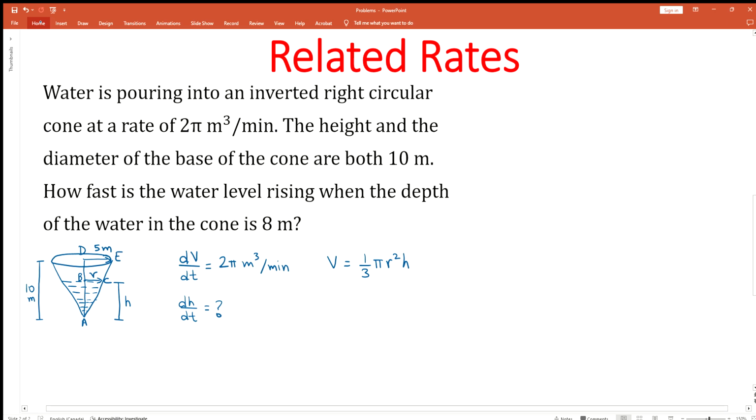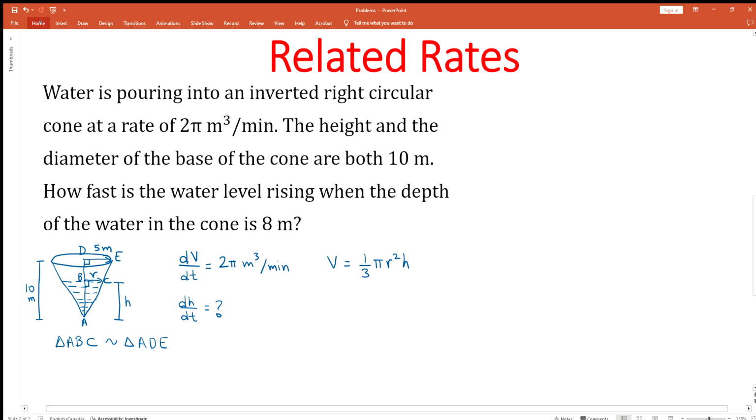These two triangles are similar triangles because angle A is common to these two triangles and angle D is congruent to angle B because both are right angles, because this is a right circular cone. As a result, triangle ABC is similar to triangle ADE as per the AA rule of similarity. This is a very important concept we need to understand and memorize.